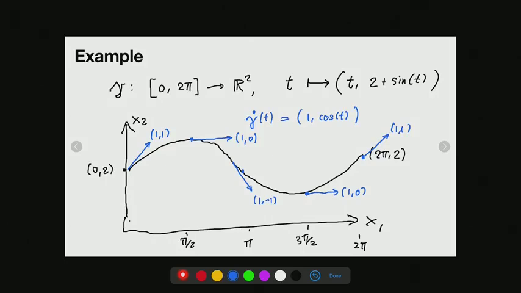It's differentiable and regular. In fact, regular can also be expressed as follows: the speed is never zero. In fact, what is the speed?